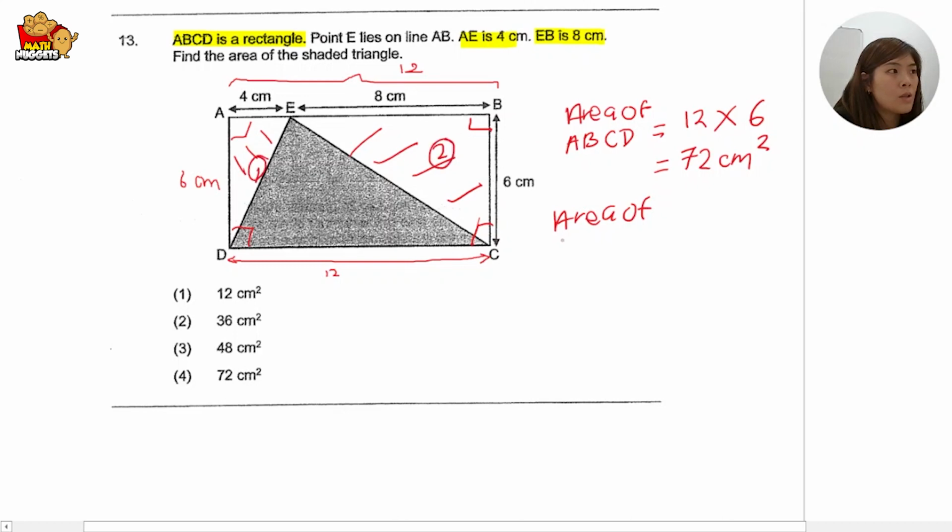Okay, so the area of triangle EAD gives you half times base times height. Base is 4, height is 6. This gives you 12. Next we do the same for the second triangle.